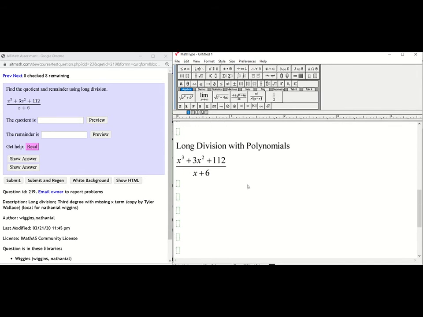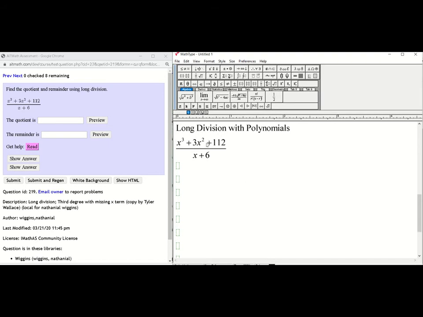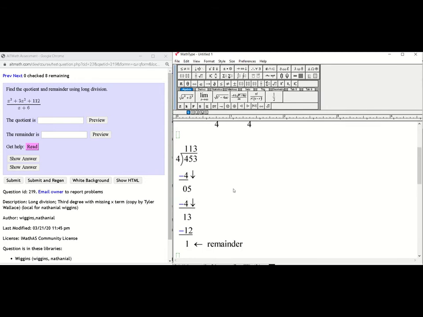Okay, now this gets a little bit awkward here because I'm missing an x. It would be nice if it were x cubed, x squared, x, number. So on this particular example, we're going to be slightly awkward, but that's okay. I'm good at being awkward. Okay, here you go. So we're going to set ourselves up. This same thing, okay? So what did you do here?